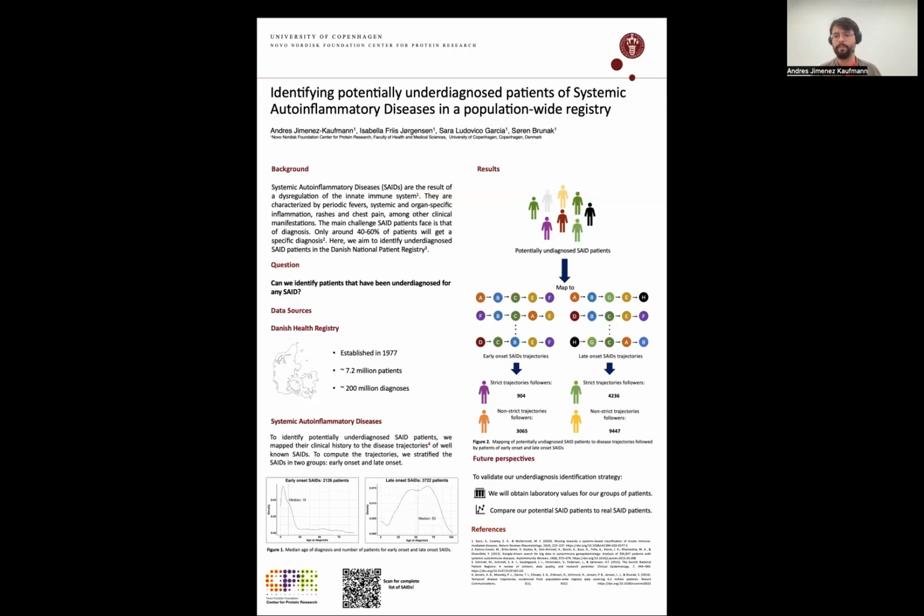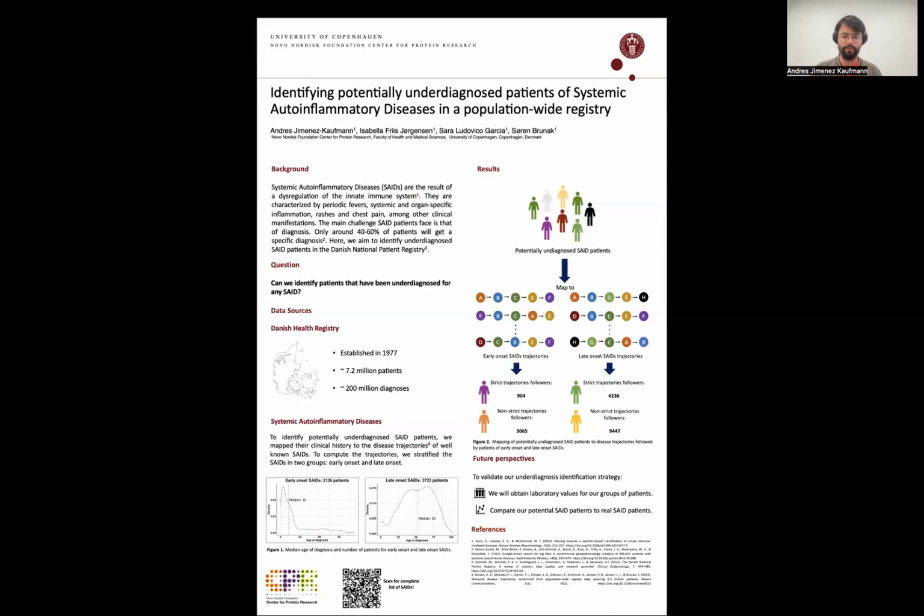So for instance, you can get first in your life diagnosis A, and then diagnosis B, and then later in life, diagnosis C and D, and so on and so forth. But the point is that some of these trajectories, or time-ordered events, are more common for certain diseases than others. So some of these trajectories are very good descriptors of certain populations. And we can actually stratify patients with this strategy.